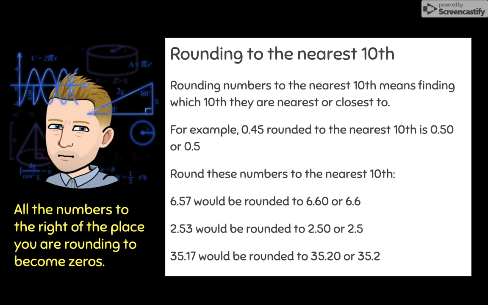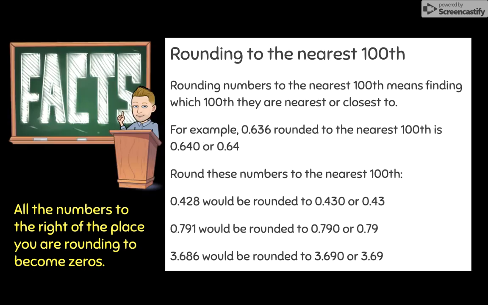What would we do for that one? We would round down to 2.5. 35.17 would be rounded to 35.20 or 35.2. So remember, if you're rounding to the nearest tenth, look at the hundredth column and then apply those rules we covered.